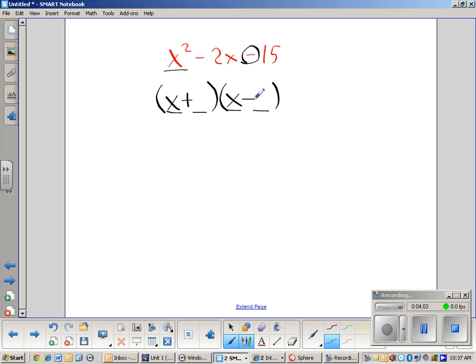Positive 12. So the only way to get a negative would be like negative 2 times positive 3. What would that be? Negative 6. Okay? So the only way to get a negative 15 is if these two signs are opposite. One positive, one negative. And you might say, well, how do you know where it goes? And I say, I don't care. I'm just going to put it in. Okay?